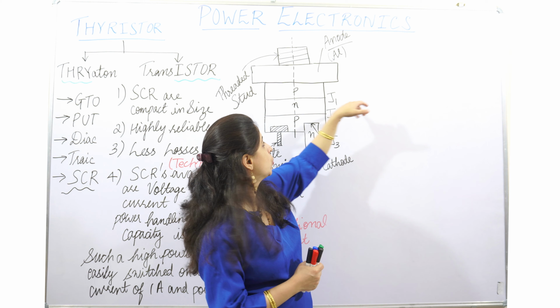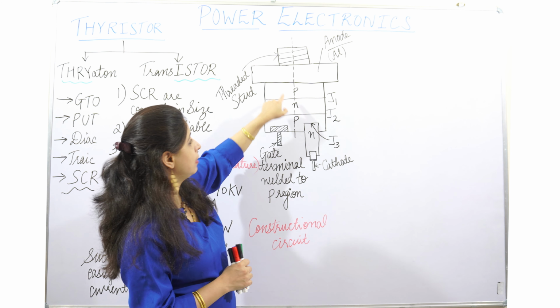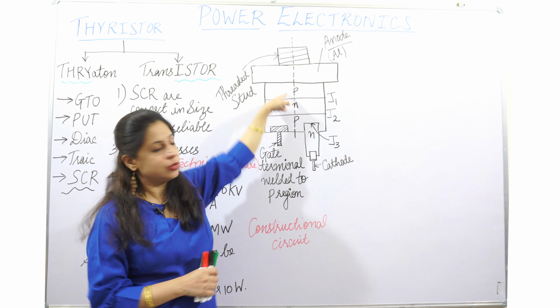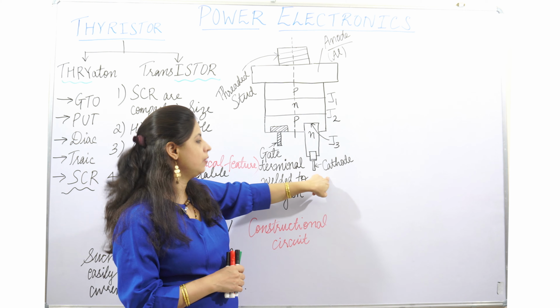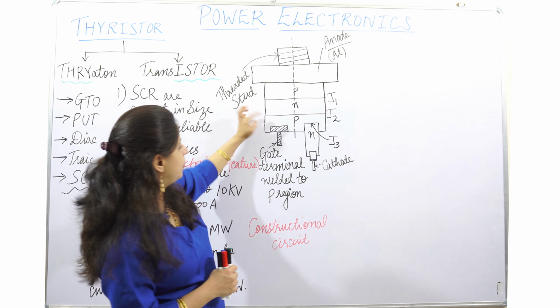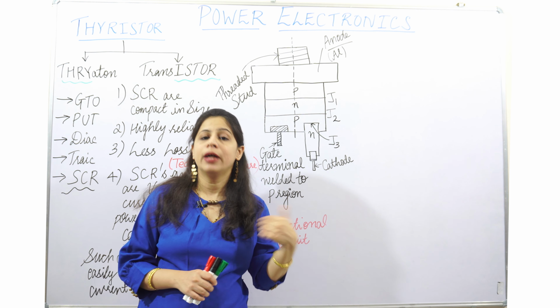So as I already told you, it is having 3 junctions, J1, J2 and J3, and the outer P is connected to the terminal which is the anode. The outer N is connected to the terminal which is the cathode, and the inner P is connected to a terminal which is the gate. Gate is here the extra terminal.